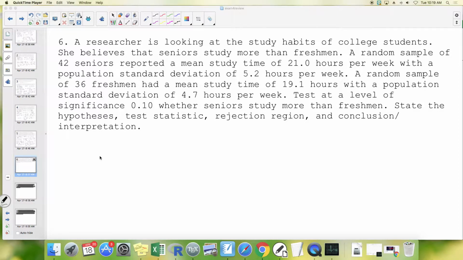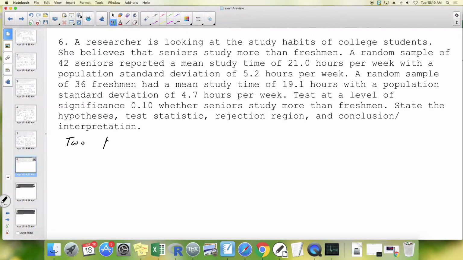All right. So, is it one population or two populations? It's two populations. Is it a means problem or a proportions problem? It's a means problem.